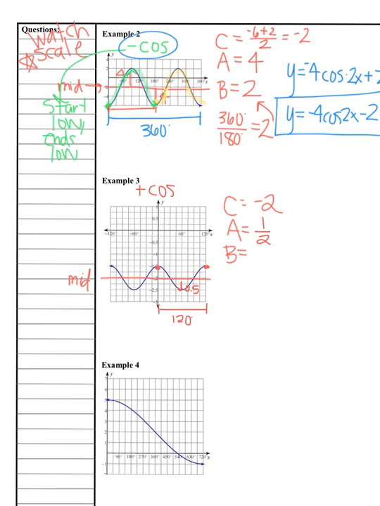So to find your b value when 360 degrees cannot be seen, take your 360 degrees, divide by 120 for one period or one cycle, and that divides out to be 3. So there would be 3 full cycles if there was 360 degrees shown on the graph. So we've got our 3 values, and now we can plug into our positive cosine equation. So y equals our amplitude first, so positive 1/2, cosine 3x minus 2.